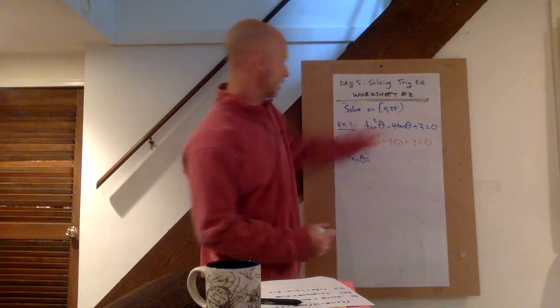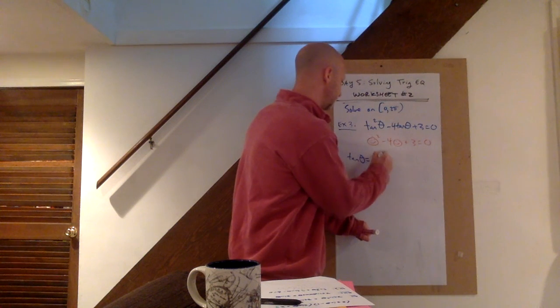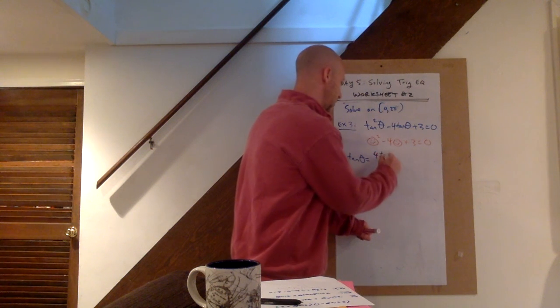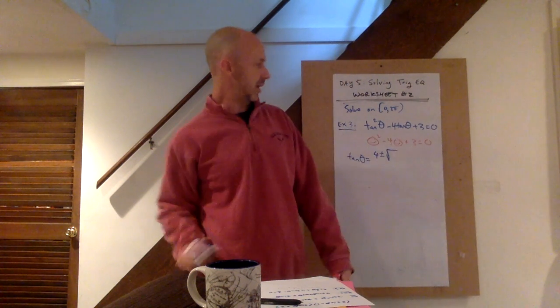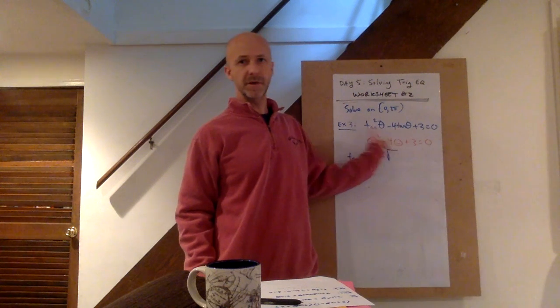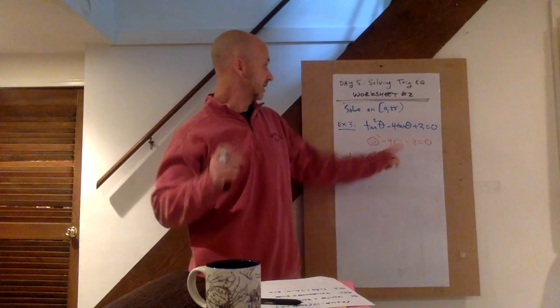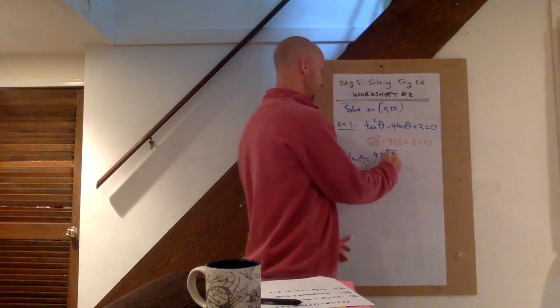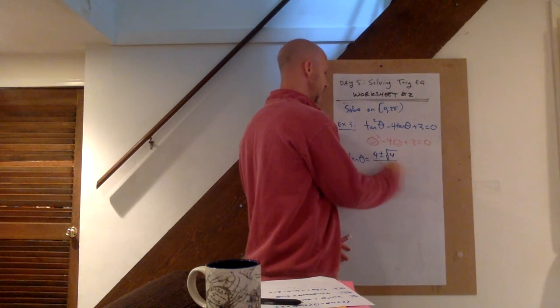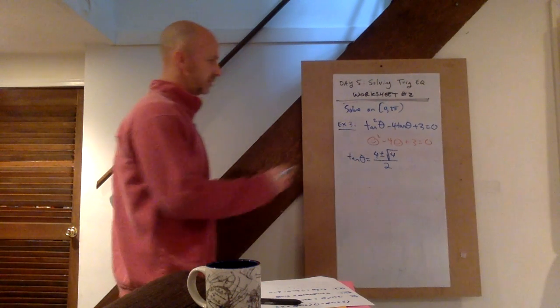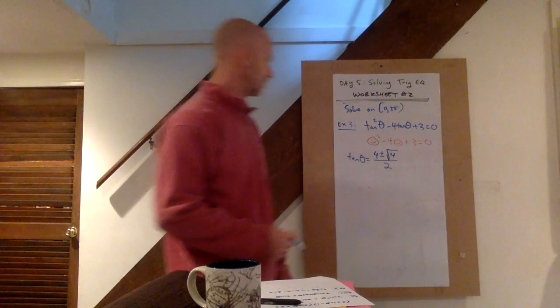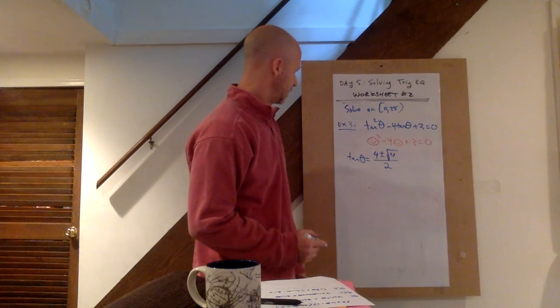So that'd be the opposite of negative 4, which is positive 4, plus or minus the square root of b squared minus 4ac is going to be 16 minus 12, so it'll give you another 4 all over 2a, which is over 2.